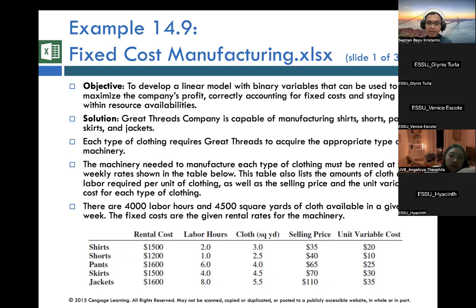But it's different with the shorts. For the shorts, they have a unit variable cost of $10 and they will be sold at $40. So the company takes 300% over the variable cost for the selling price.